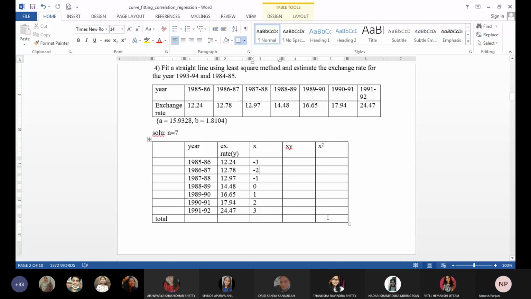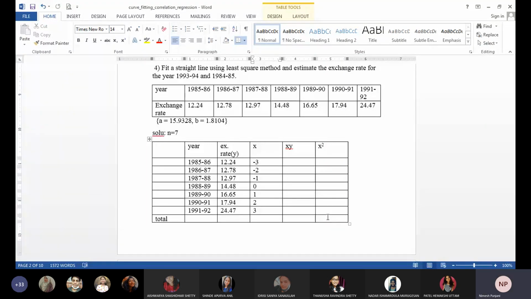So again I repeat, when the number of observations is odd, like you have in this case 7, you find out the central most observation. Central most observation means (n plus 1) divided by 2. The value of that observation is to be taken as 0.